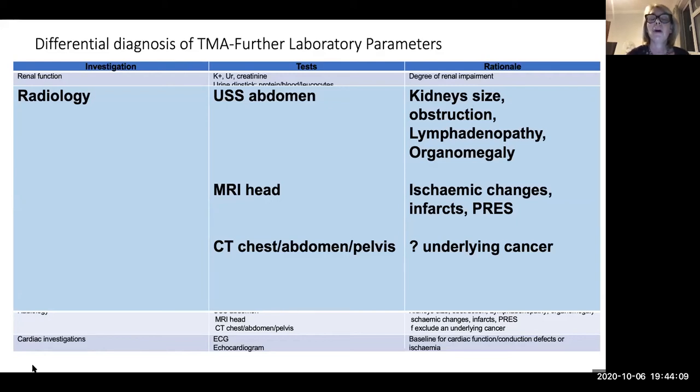We do MRI scans. Generally, we try to get them done before a patient's discharged, just to see if there's been any evidence of small little blood clots in the brain. And we do a scan of the chest, abdomen and pelvis, mainly if we want to exclude that there's an underlying cancer causing the presentation.